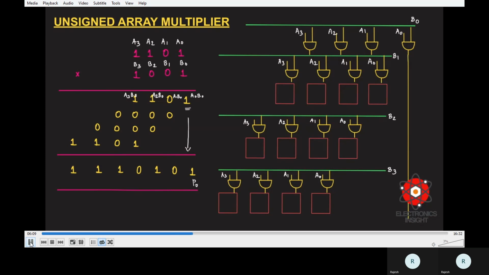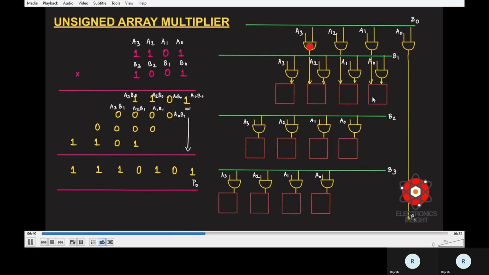Finally, the requirement: A0 B0 is sent as P0. The first row is generating A1 B0, and the second row is generating A0 B1. That is shown with a yellow color. This yellow line tells that A1 B0 and A0 B1 are sent to an adder.